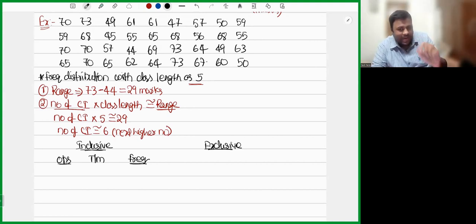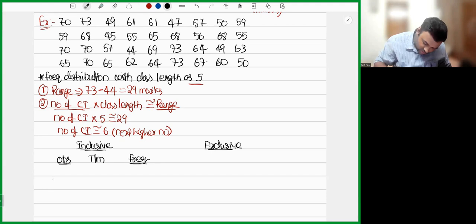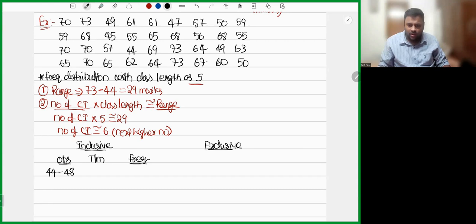Now, what is the class length? 5. It means 5 observations must be there in each class interval. So 44, 45, 46, 47, 48. So 44 to 48. Sir, 44 to 48? 48 minus 44 is only 4. But you are saying class length is 5.